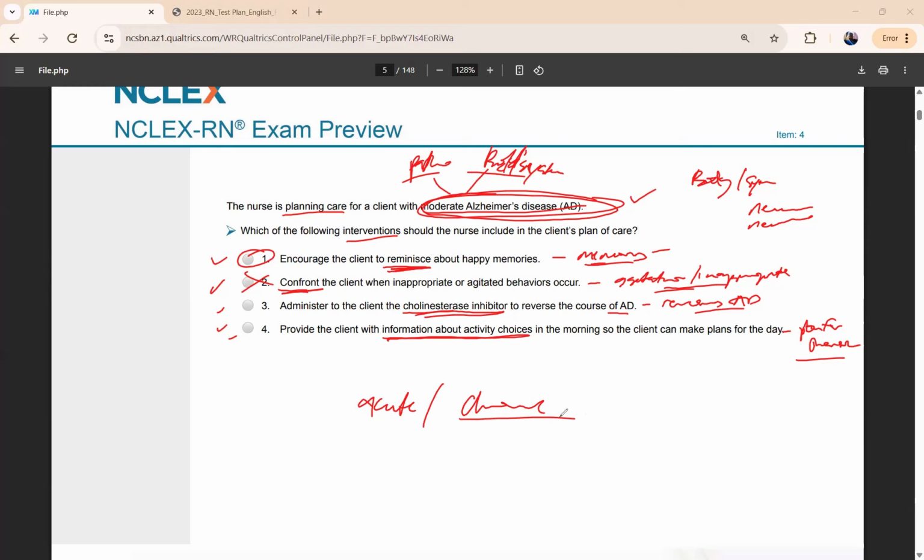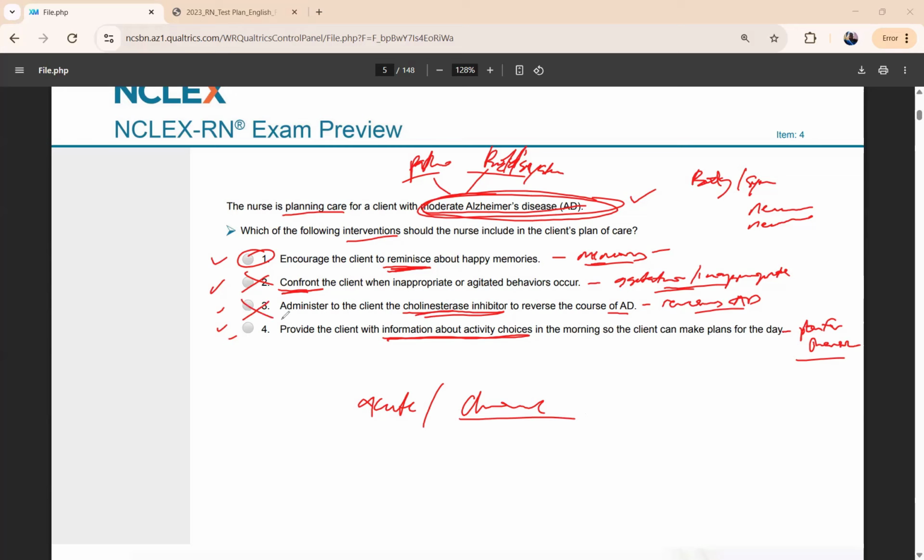But for an acute issue, medication can solve it. But if you look at this condition, right? This condition is a chronic issue. So since it's a chronic issue, we don't expect medication to solve it.